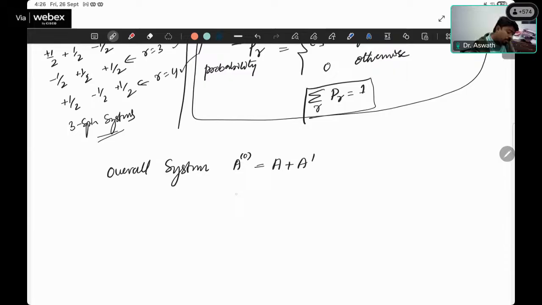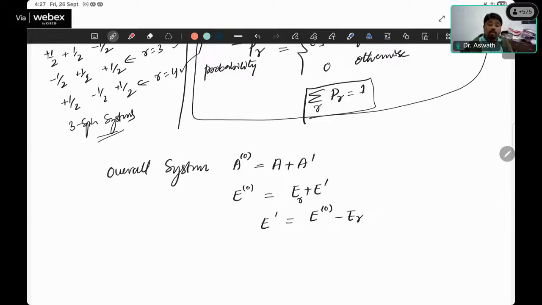Similarly, the overall system energy is the system plus environment energy. And what is the system energy? Let's say E_R. The system energy is E_R. Overall energy is E_O. Let me write the environment energy, which is going to be overall energy minus E_R.